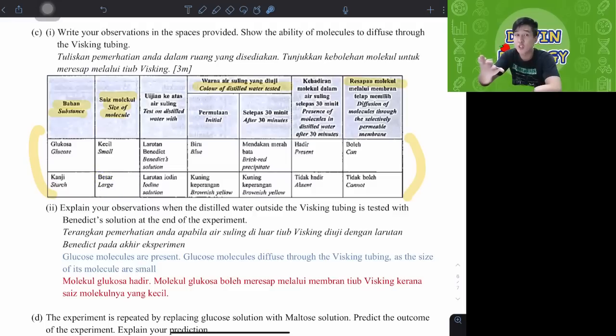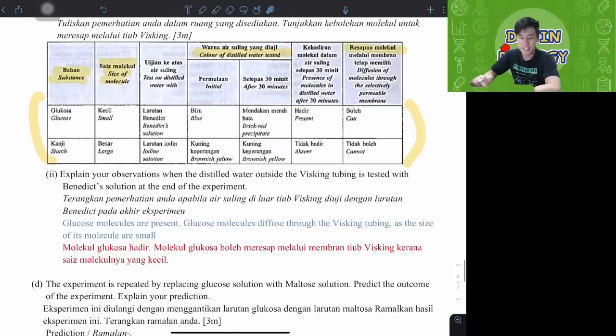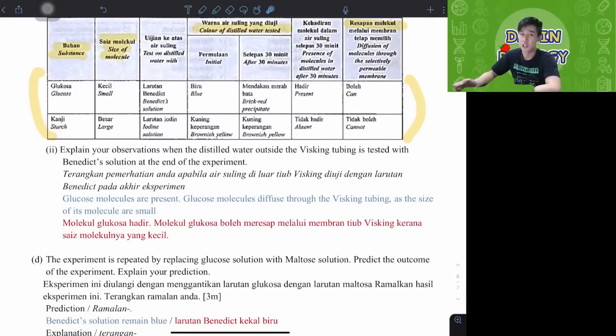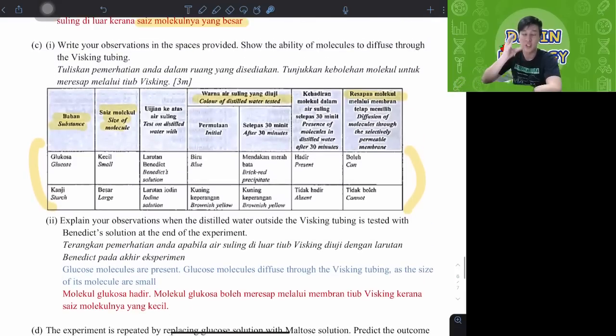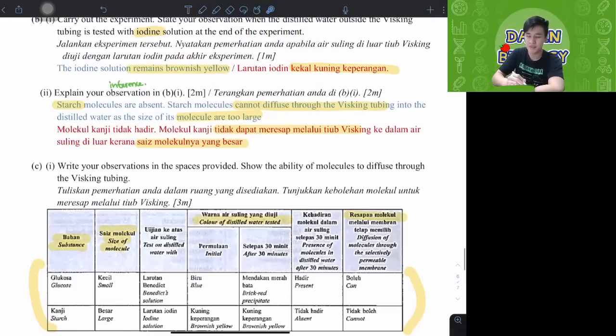So the color change you already know. For the glucose one, the Benedict, biru to mendakan merah bata. And kuning will remain kuning. Brownish yellow will remain brownish yellow. Okay, then next, explain your observation. So what we observe here is that glucose can change the Benedict color, but starch does not change the iodine. So it's the same as what we wrote over here.